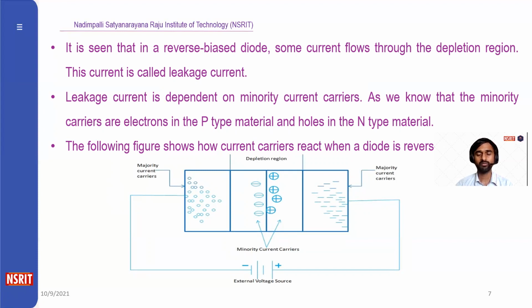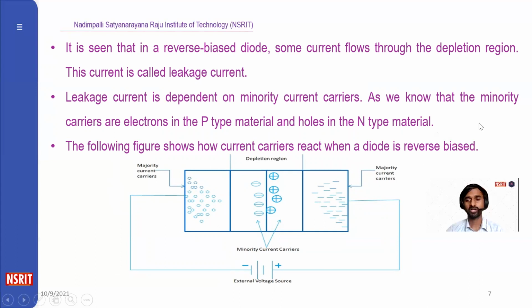The polarity of the battery allows the minority charge carriers to flow across the junction. Since the minority charge carriers are very few in number, we get a very small amount of current called leakage current.